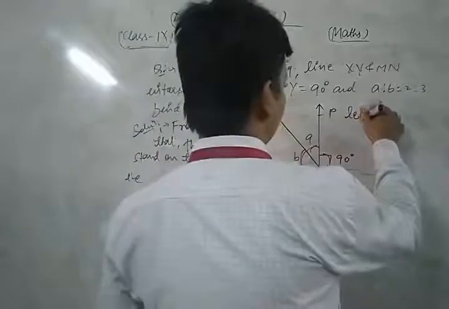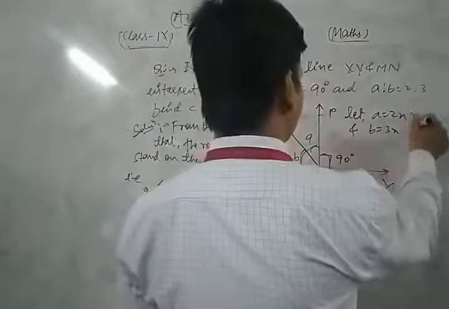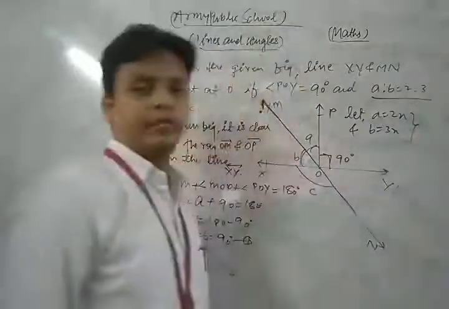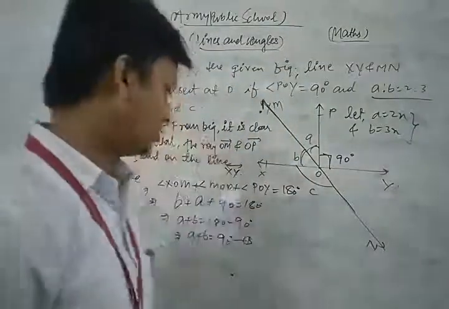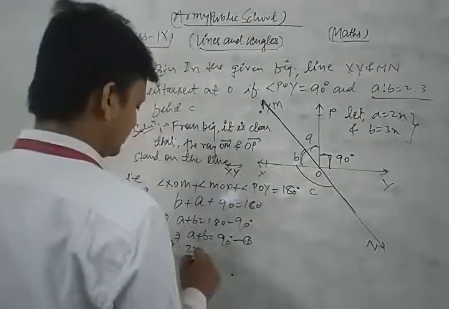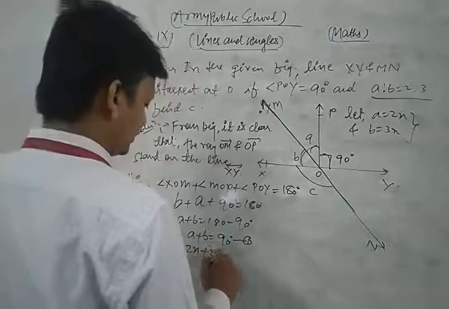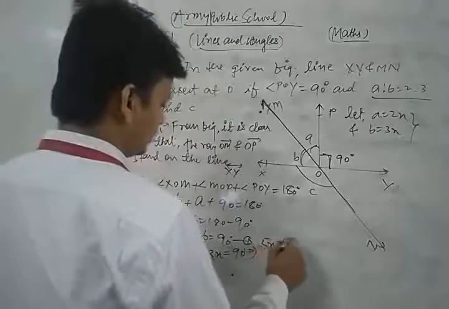Thus, in our question, let A be equal to 2x and B be equal to 3x respectively, because the ratio of A to B is given as 2:3. Now here we put A as 2x and B as 3x is equal to 90. So we get 5x is equal to 90.